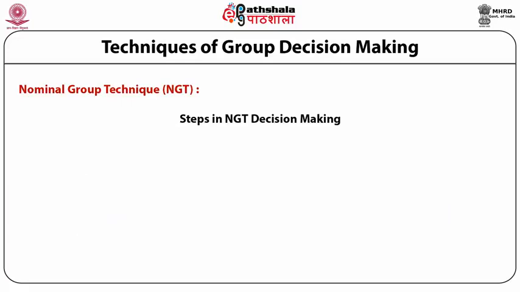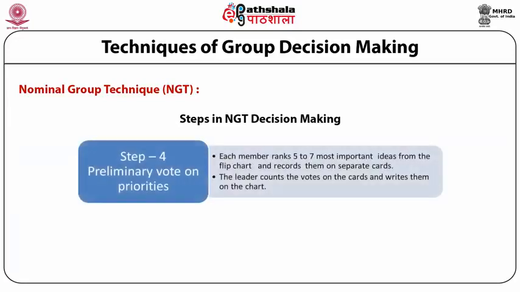After this, they move on to step 4, where a preliminary vote on priorities is sought from each member. Now here, each member ranks 5 to 7 most important ideas from the flip chart and records them on separate cards. Then the leader counts the votes on the cards and writes them on the chart.